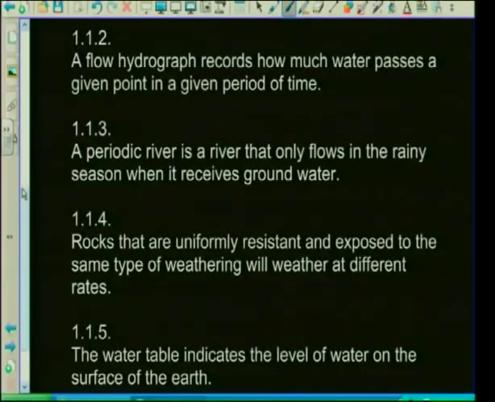So the question here says a flow hydrograph records how much water passes a given point in a given period of time, and therefore we know that that answer is going to be true. Okay, so we're looking at how much water moves within that river channel within a certain length of time.